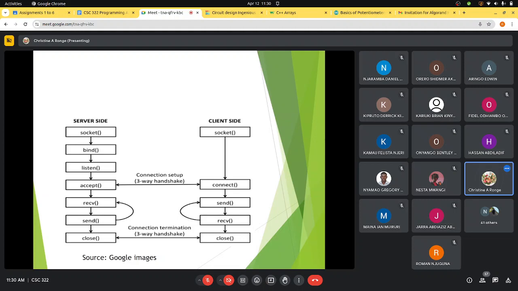What will be in the sequence number of the message that it sends, if at all it's supposed to be an acknowledgement? The sequence number should be 10,201. So even if it was just sending an acknowledgement, the sequence number it should put here should be 10,201, which is basically saying that was the last message I sent you.